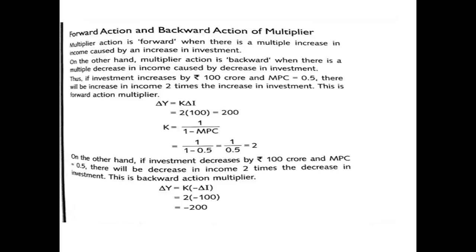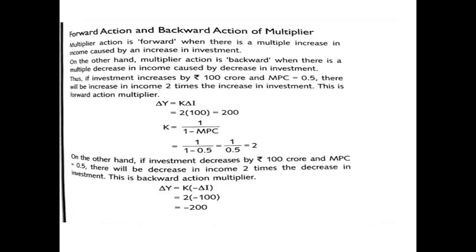Now we can see forward action and backward action of multiplier. Multiplier action is forward when there is multiple increase in income caused by an increase in investment. On the other hand, multiplier action is backward when there is a multiple decrease in income caused by decrease in investment.